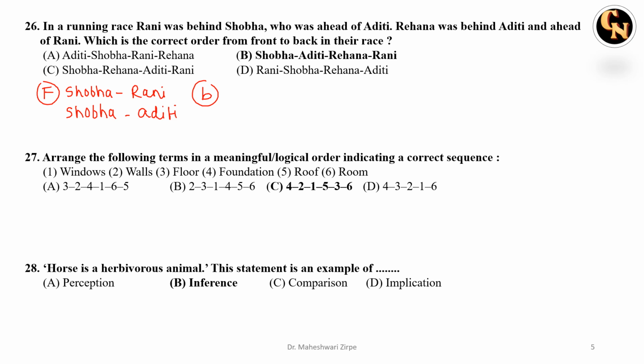The next statement: Rehan was behind Aditi, so Aditi is in front and Rehan is behind, and ahead of Rani. Rehan is behind Aditi but he is ahead of Rani. So here I can write Rani.